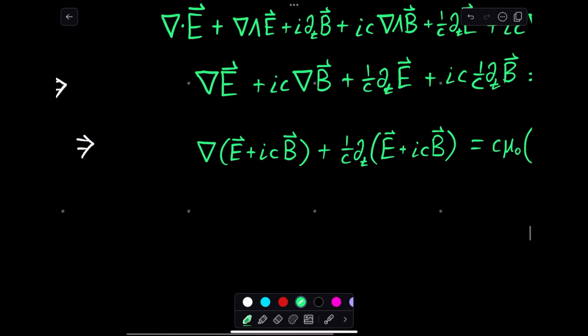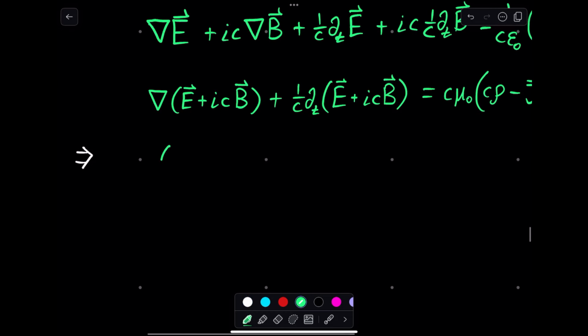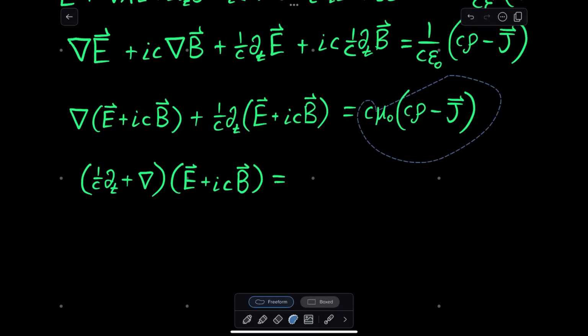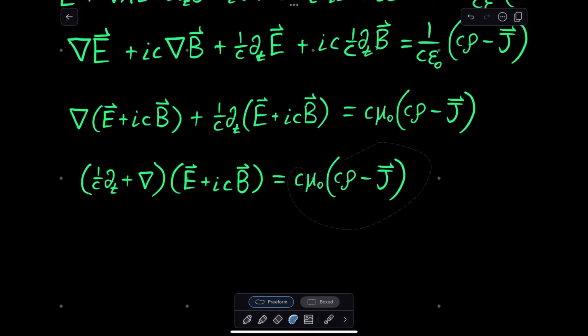And then we can make one last factorization. We can say that we have this 1 over C partial t plus this gradient times the electric field plus ICB is equal to this right-hand side.